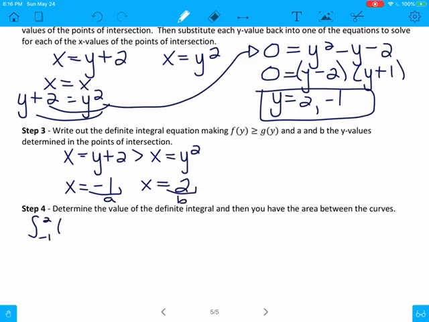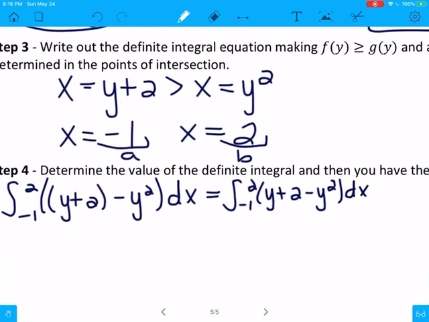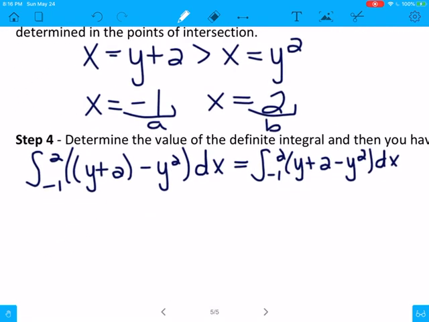And then I'm going to go y plus 2, because it's the furthest to the right, y plus 2 minus y squared, dy. So the integral from -1 to 2 of y plus 2 minus y squared dy. Then I do the antiderivative of that. And it doesn't matter if they're x's or y's, you do the integral the exact same.